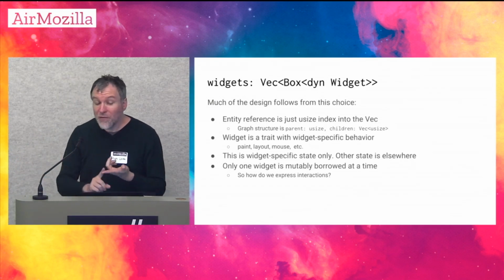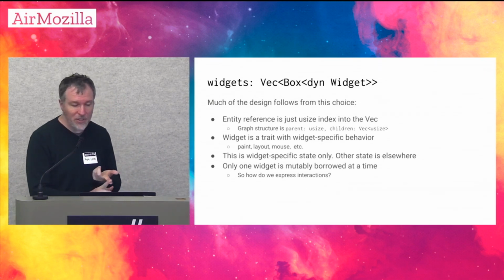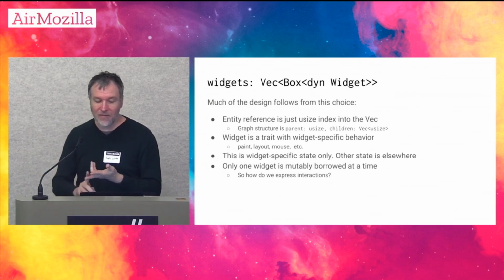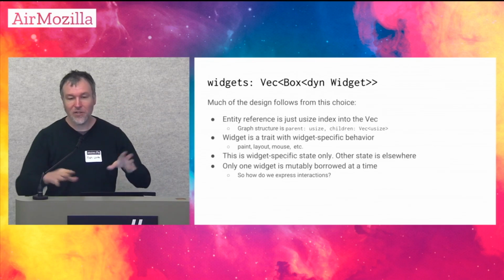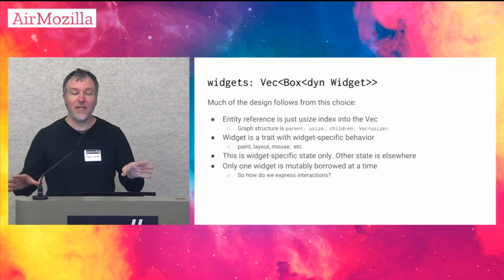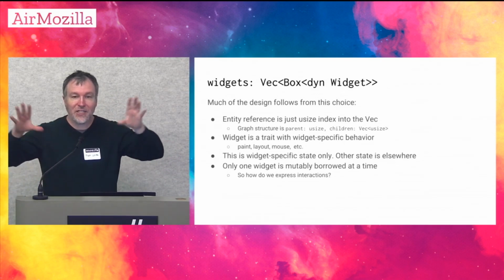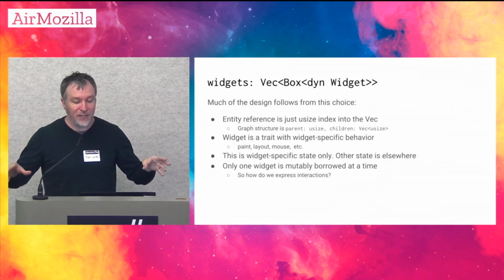So, when you want to reference a widget, you just have the index into this vec, which is a usize. You've got the widget trait, which has this widget-specific behavior. That is only the widget-specific state though. The other state, like geometry and the tree, is actually held by the system.